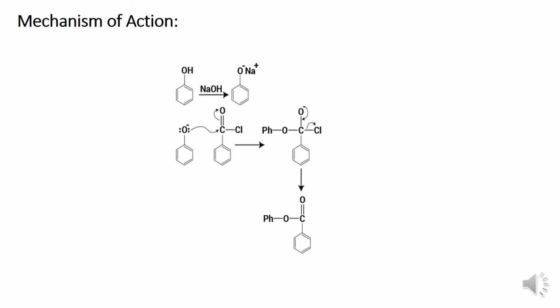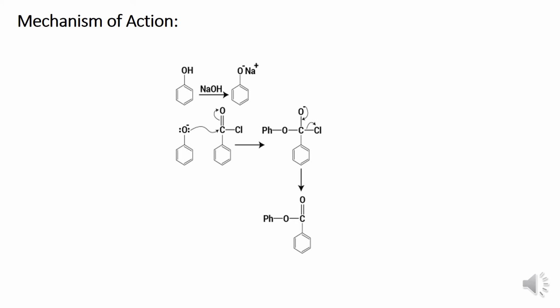Bond making, in the sense of oxygen to carbon bond formation, and bond breaking, meaning carbon to Cl. Chloride is a leaving group in that. So that leads to the phenyl benzoate molecule.